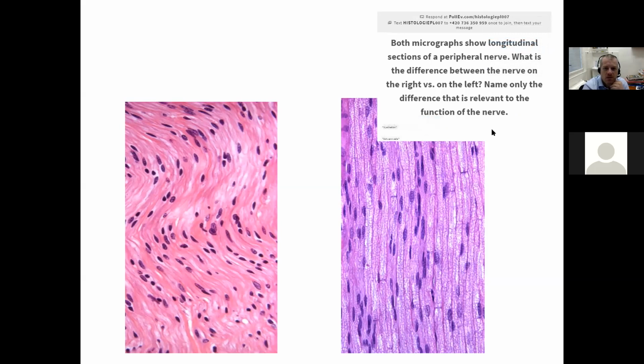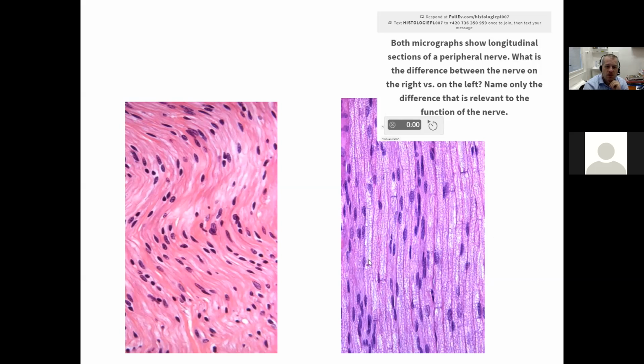So some students believe we can see Schwann cells. Yes, we can, but in both cases these nuclei most probably belong to Schwann cells that are forming the Schwann's sheath surrounding the axons and dendrites that are running here. But the point here is actually the myelination, that some of you mentioned.